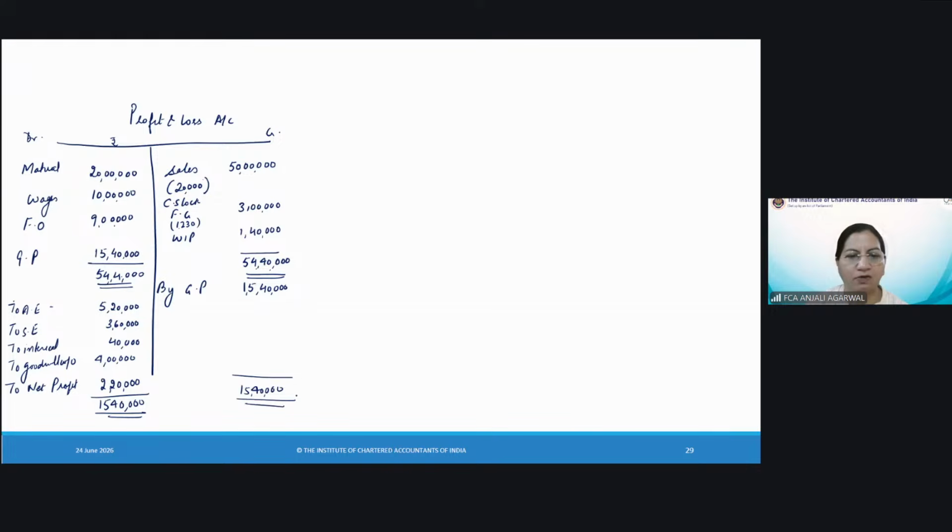Let's prepare our cost sheet. Material consumed, 20 lakhs. Wages, 10 lakhs. Prime cost, 30 lakhs.